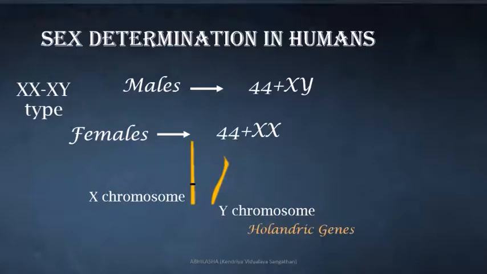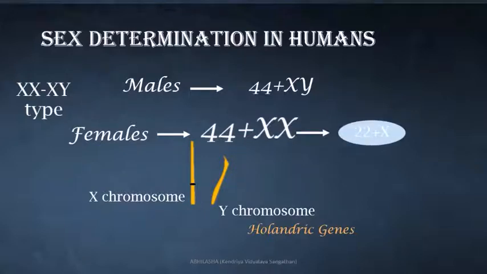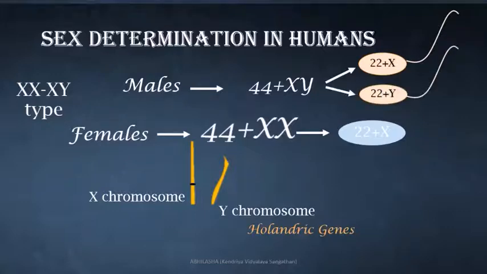Now, females have a pair of X chromosomes which are similar and homologous. That is, they have the same set of genes at corresponding positions. So here the females are homogametic. They produce all eggs with 22 autosomes and 1 X chromosome. And males are heterogametic. They produce 2 types of sperms, 22 with an X chromosome and 22 with a Y chromosome.